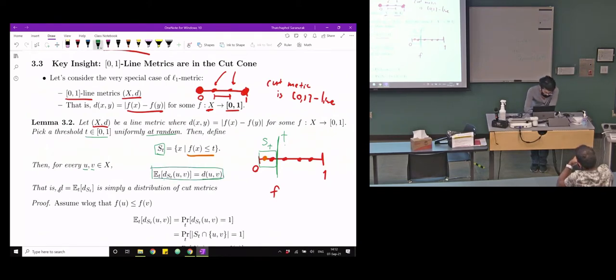It means that D, think of D as an n choose 2 dimensional vector, is a 0-1 line metric, and D is just an average of a bunch of cut metrics.